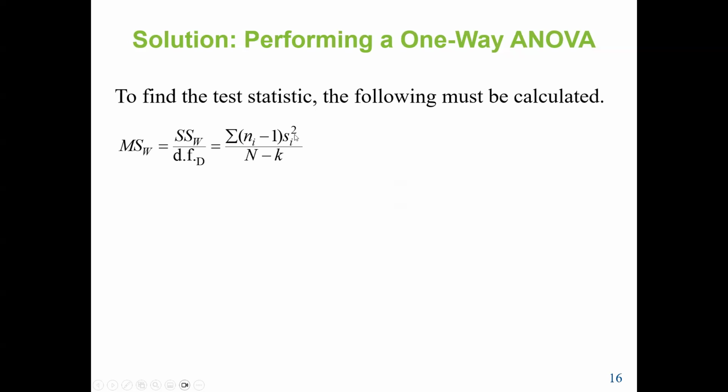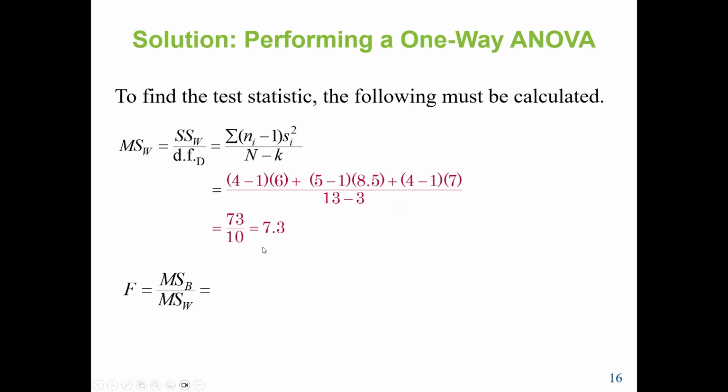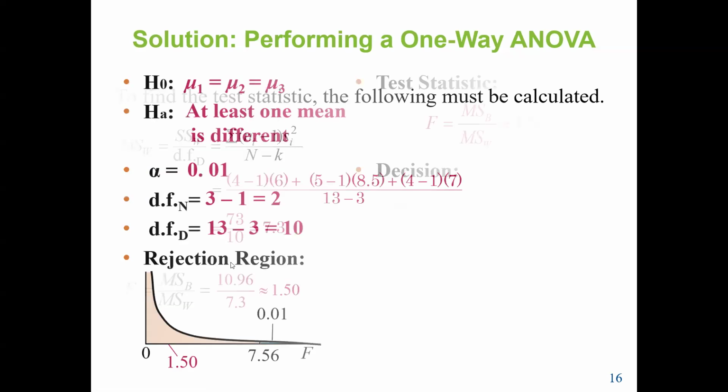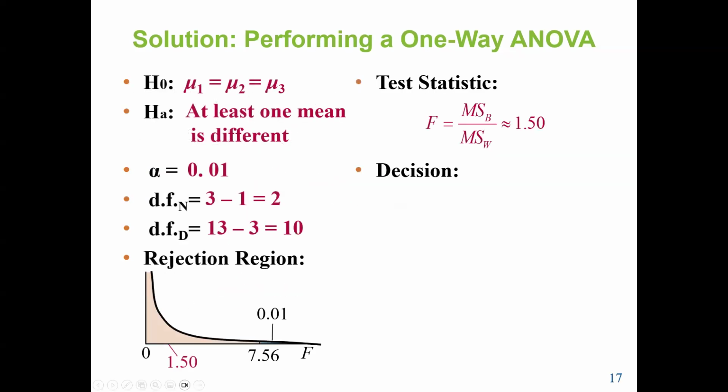We plug in the values, and the MSW will be 7.3. Now, with the MSW, we can find the F, which will be 10.96 divided by 7.3. And that gives us roughly 1.5. So here we have F to be 1.5.